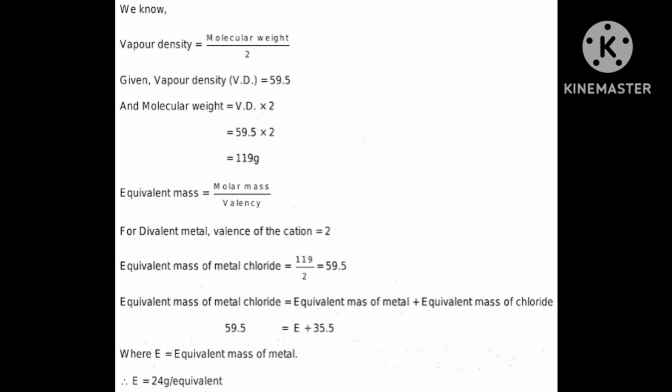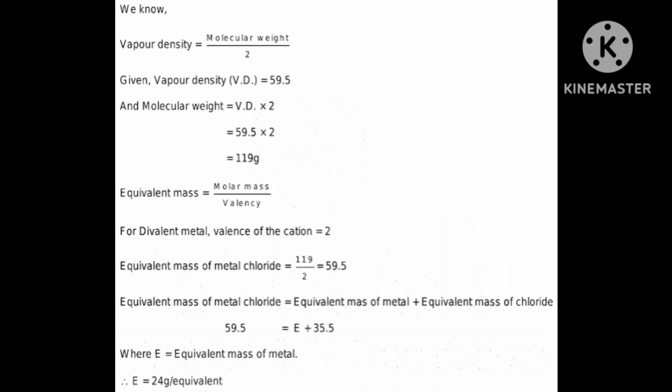Hence, the molecular weight of the chloride MClx is equal to the atomic weight of M plus x into 35.5, or that is equal to the equivalent weight of M into the valency of M, where x is actually the valency of M, plus x into 35.5.